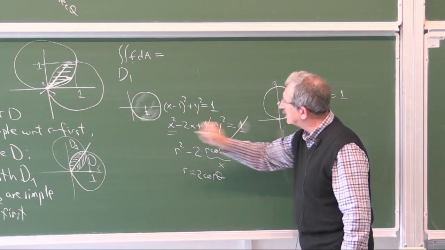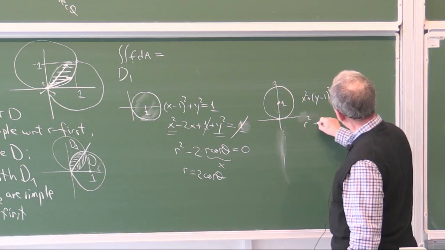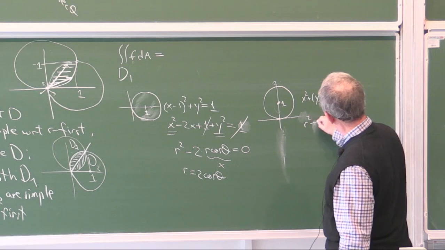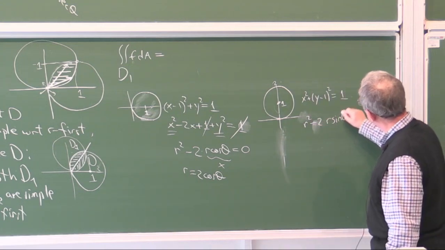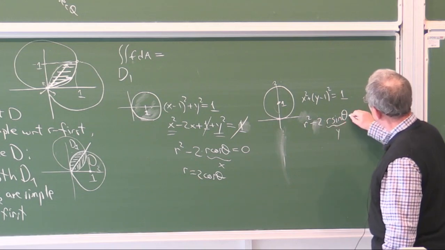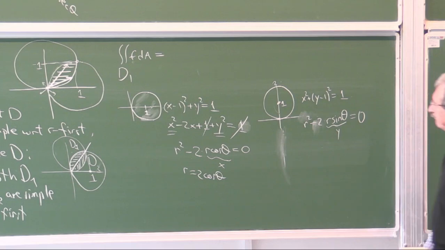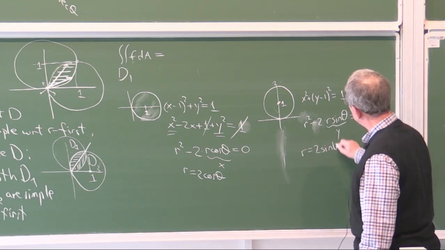And similar to this, instead of x, we have y, so it becomes r squared minus 2y, which would be r sine theta, equals 1, and that would be 0. So r would be 2 sine theta.